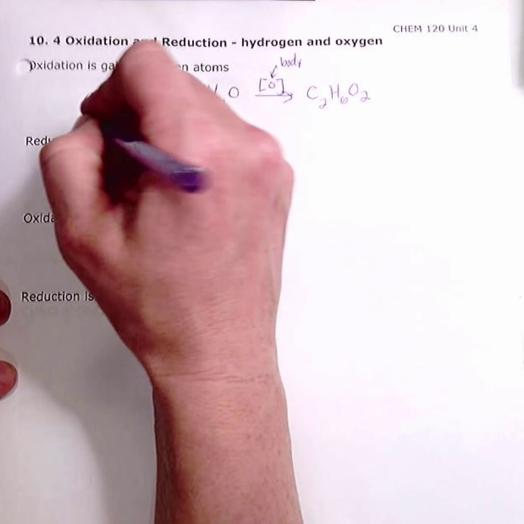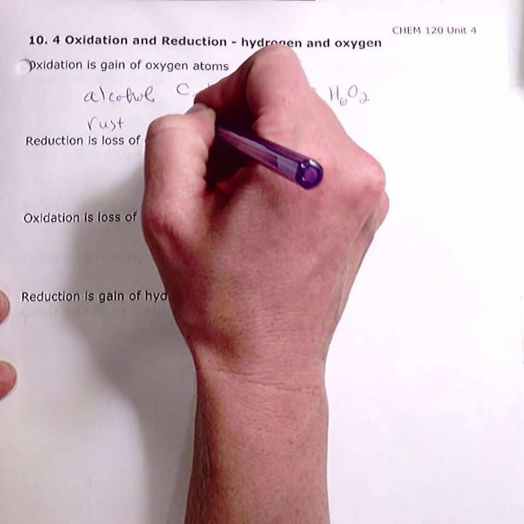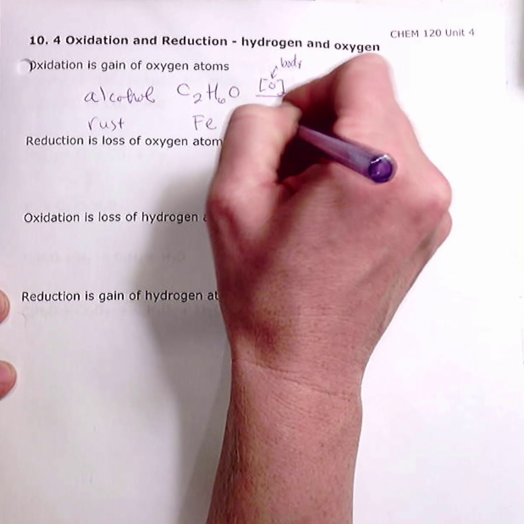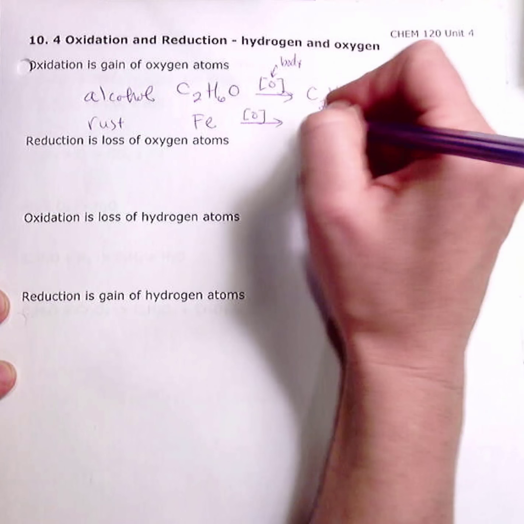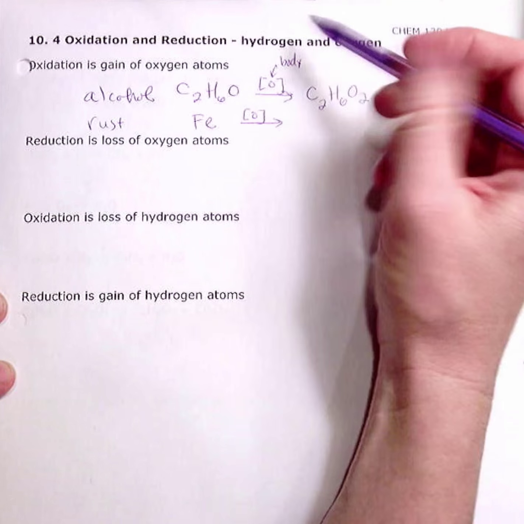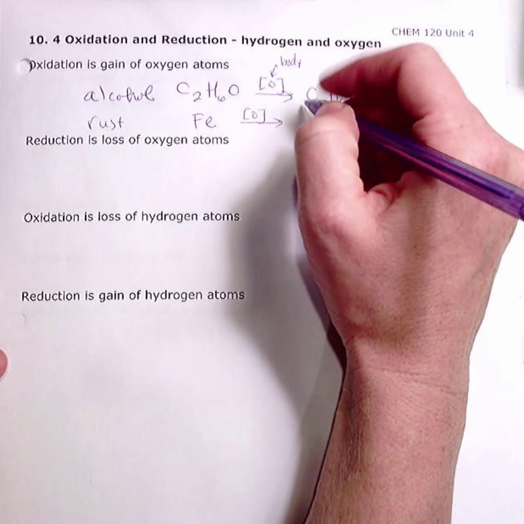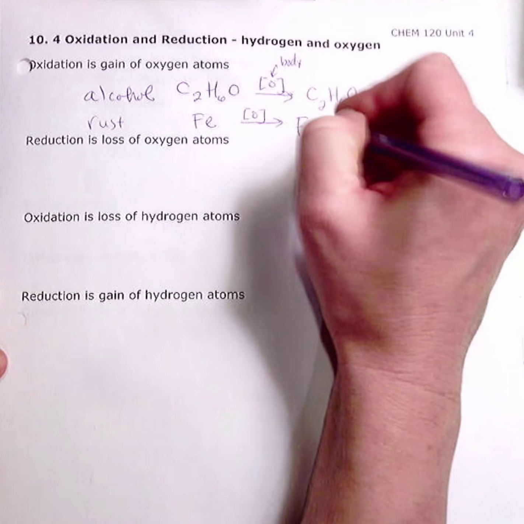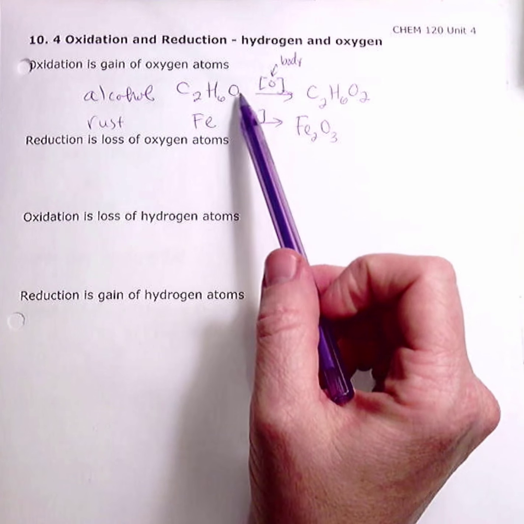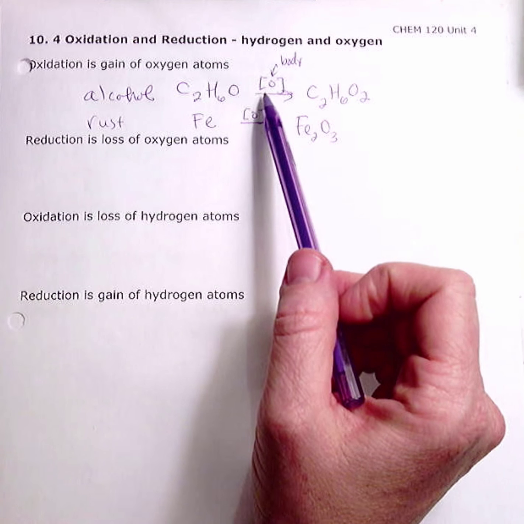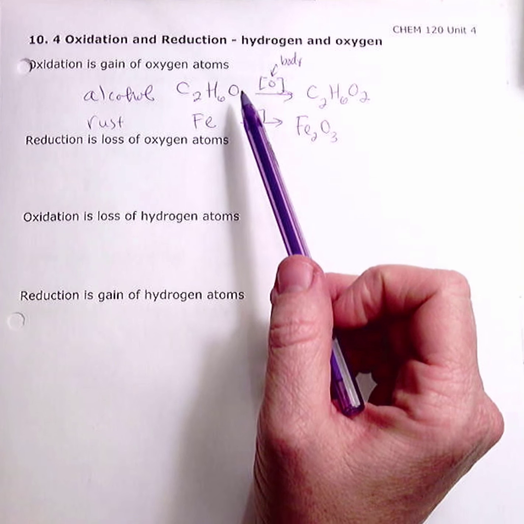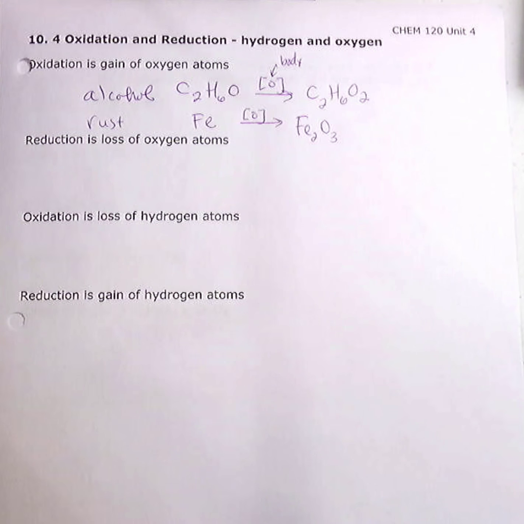Rusting, you get iron being oxidized. And you'll see this oxidizing bracket just means general oxidation conditions. So you get Fe2O3. So in both of these cases, oxygen has been gained, and so that is a clue that it's oxidation.